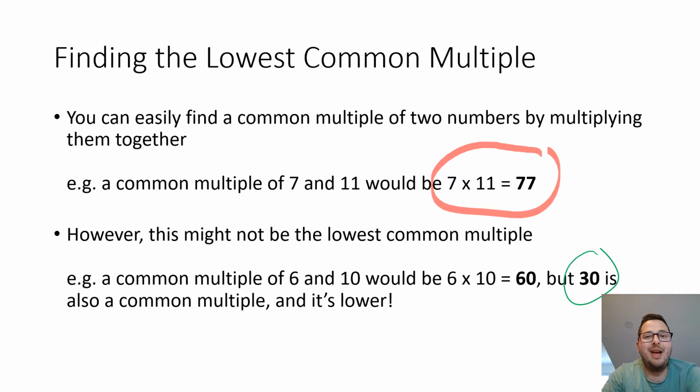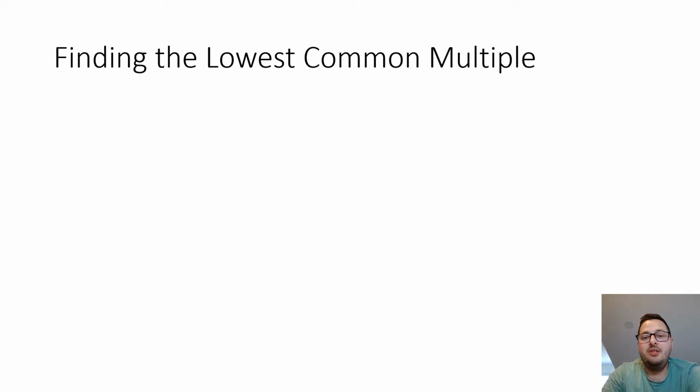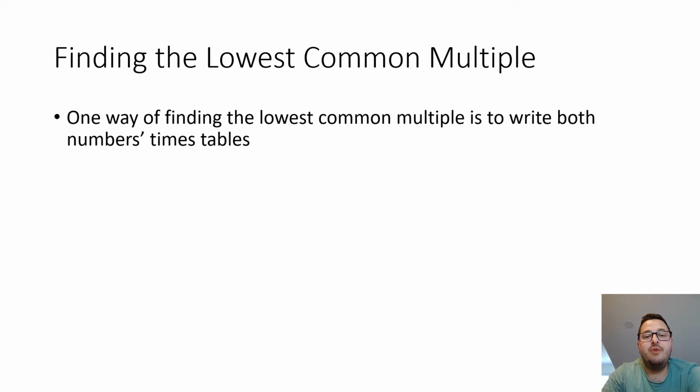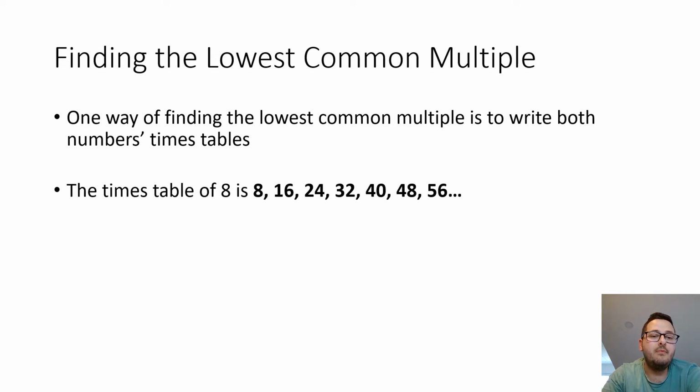So we need a bit of a better way of finding the lowest common multiple. The easiest way is just to write both of the numbers' times tables and see what comes up. So for example, if we're looking at 8, the times table of 8 is 8, 16, 24, 32, 40, 48, 56.